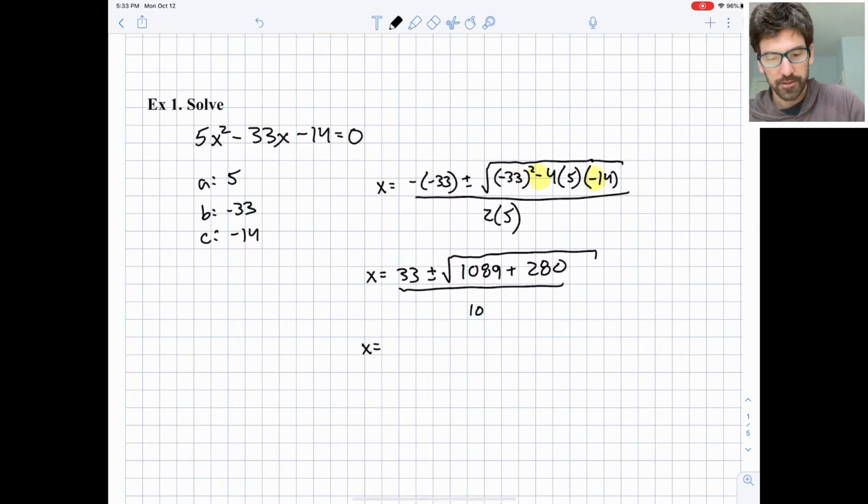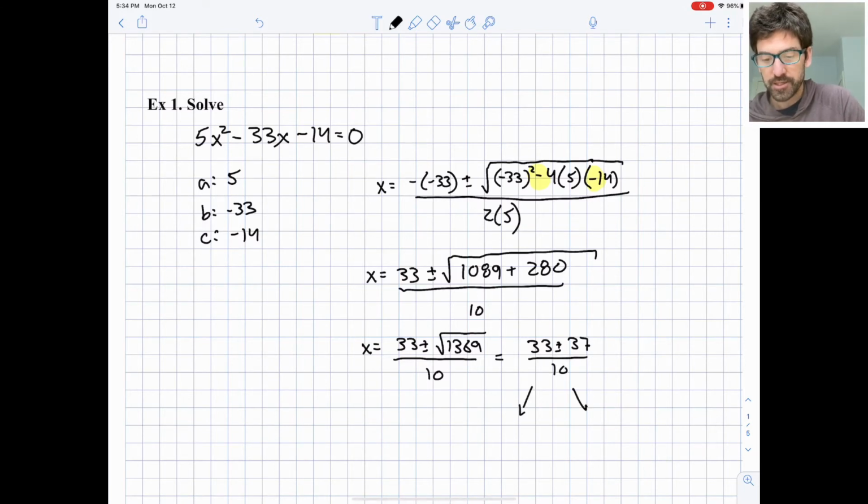We can get a little bit closer. We have 33 plus or minus the square root of 1369, all over 10. And 1369 is a perfect square, so that makes things easier. 33 plus or minus 37 all over 10. Now it's time to start our double pathway.